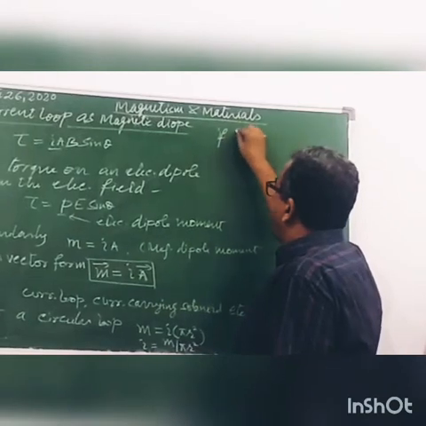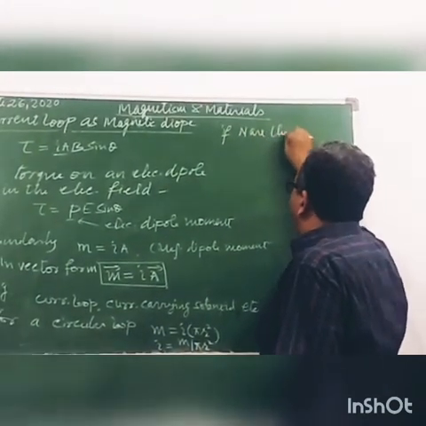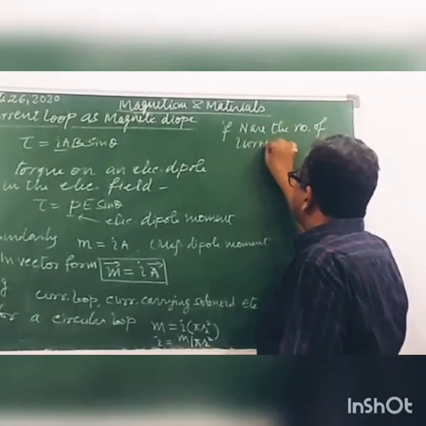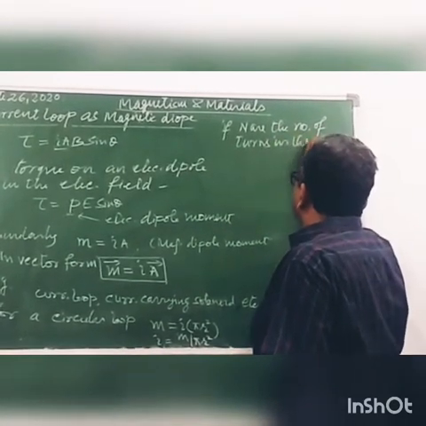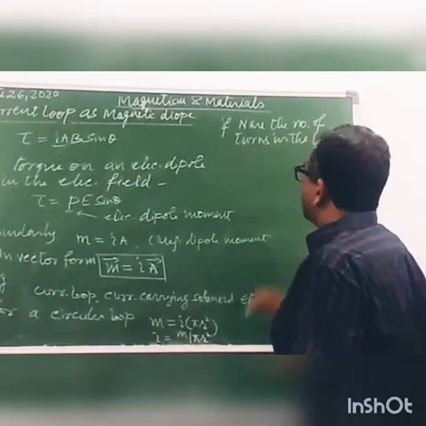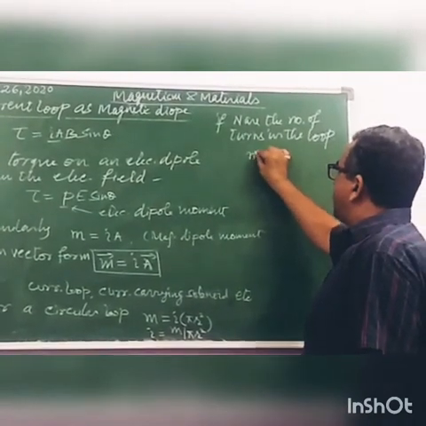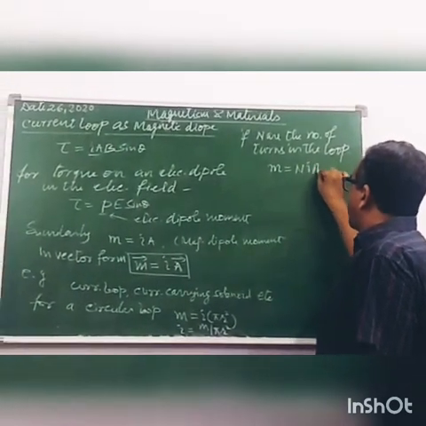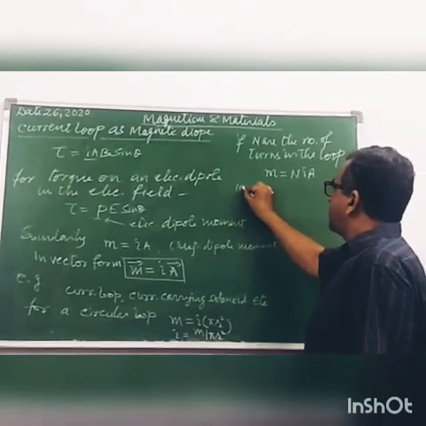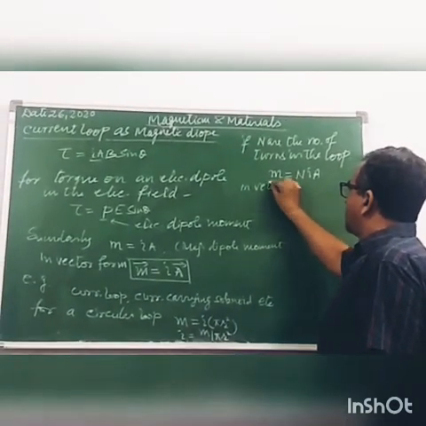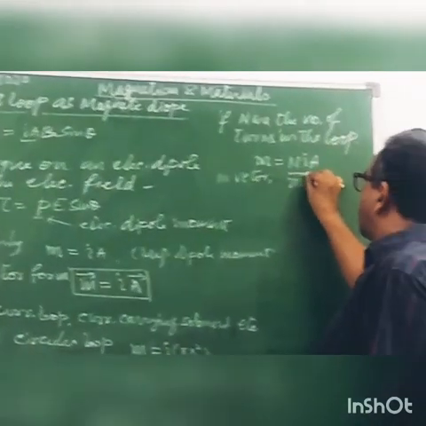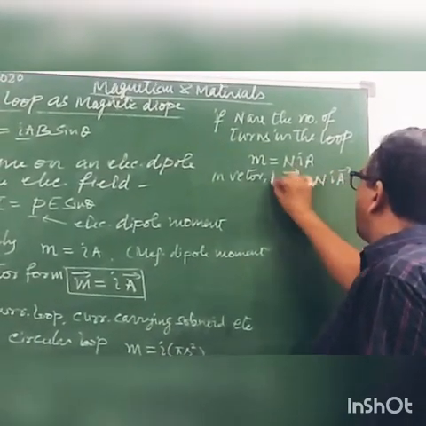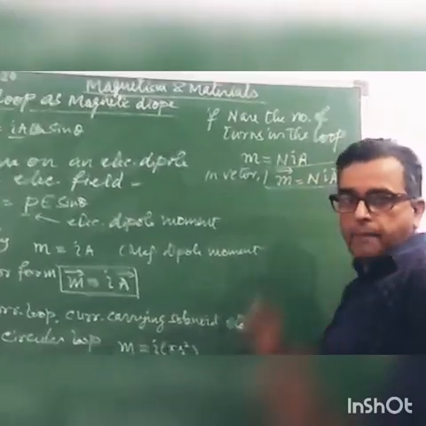If N is the number of turns in the loop, then the magnetic dipole moment is expressed as N I A, or in vector form, N I A. So this is all about magnetic dipole moment.